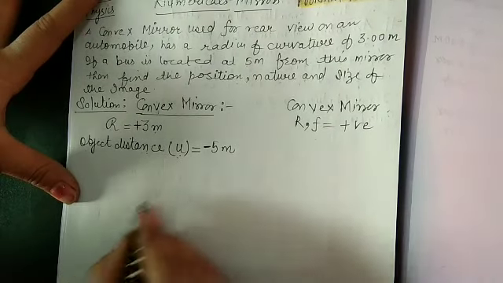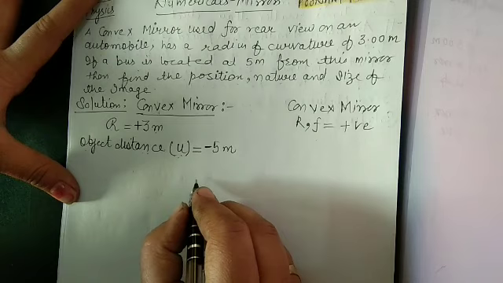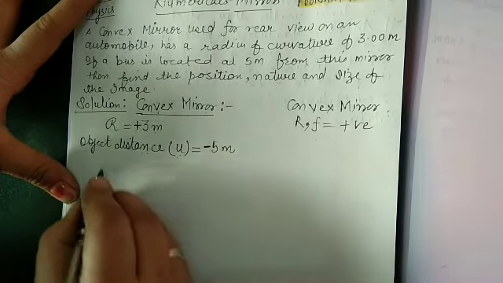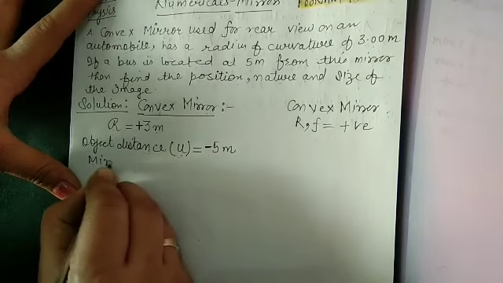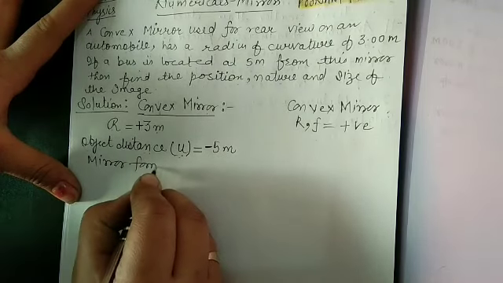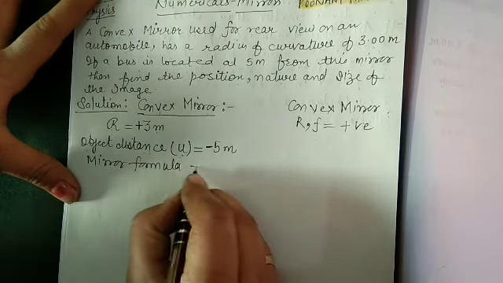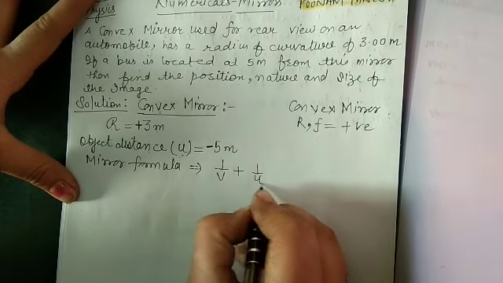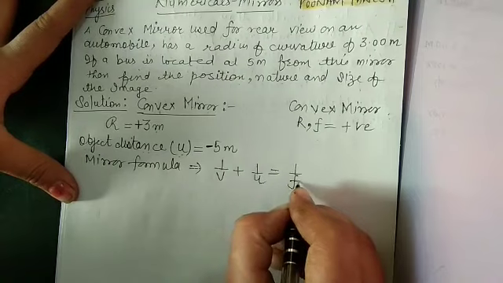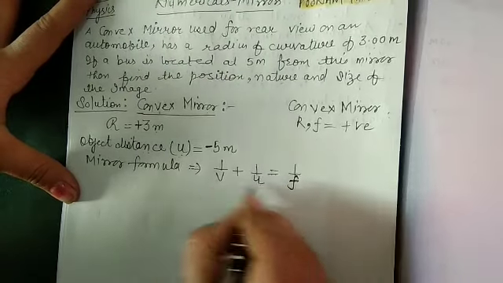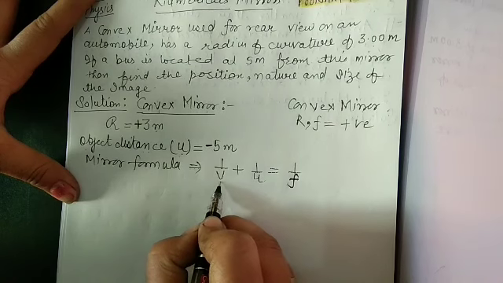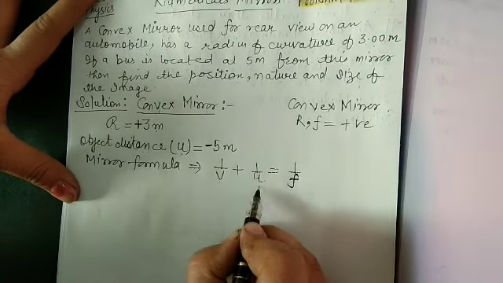You have to find out the value of v by using the mirror formula. You have to mention the mirror formula: 1 by v plus 1 by u equals 1 by f. v is the question mark, meaning you want to find out the value of v. u is given to you with proper sign.